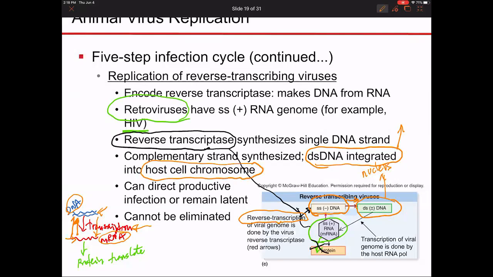That process of integration will happen also thanks to an enzyme that the virus brings with it. That enzyme is called the viral integrase.